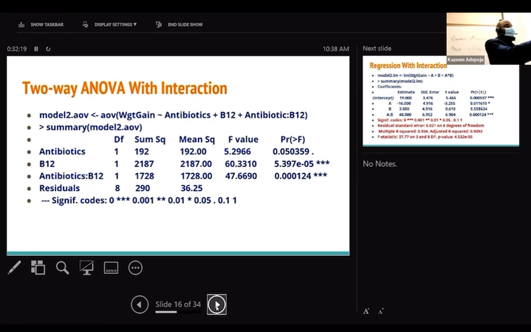Now, the other time, we are still on the same concept. We've looked at the two-way ANOVA without interaction. Let's now look at two-way ANOVA with interaction: antibiotics, B12, and the interaction between them.